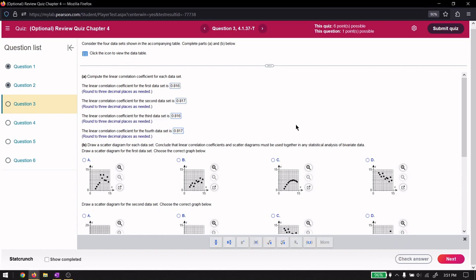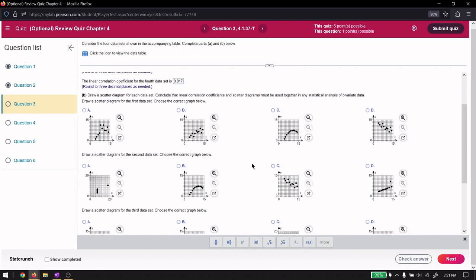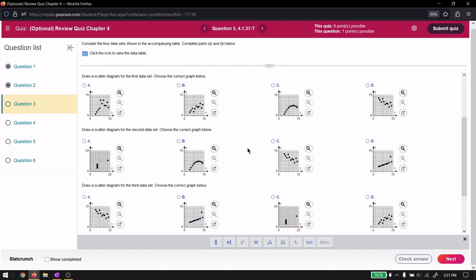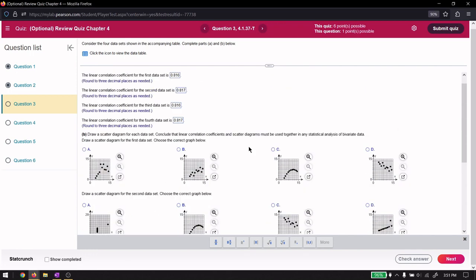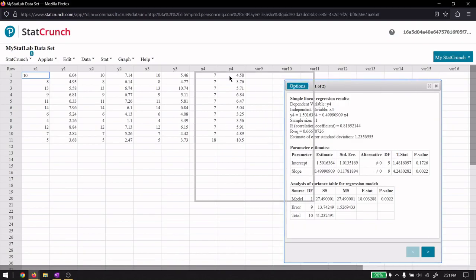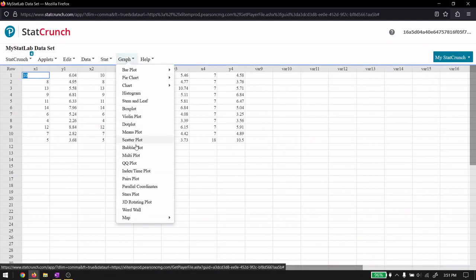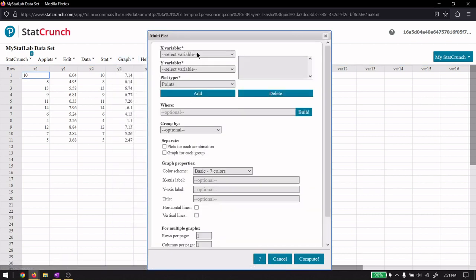Okay, so now we wanted to do scatter diagrams for each one of these sets. So the first, second, third, and fourth. Graph. We could do multiplot. Maybe that'll be easy to see. Let's just try it.